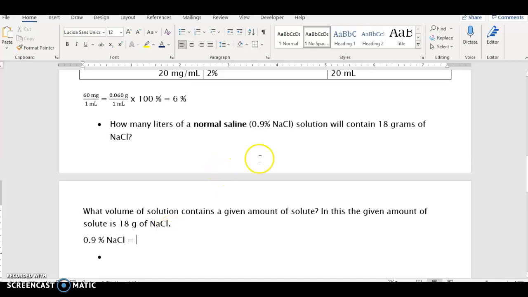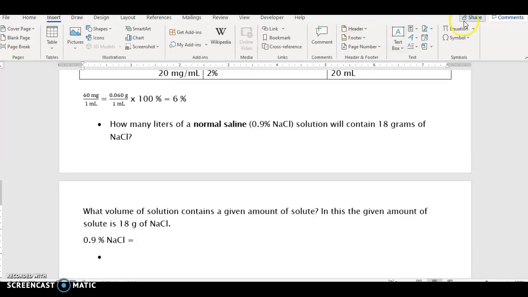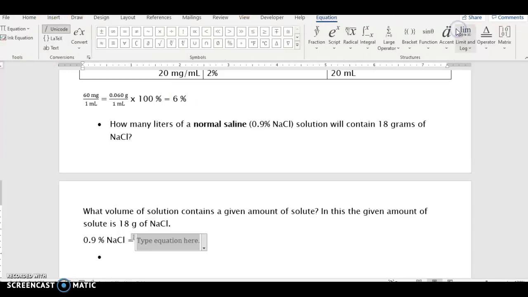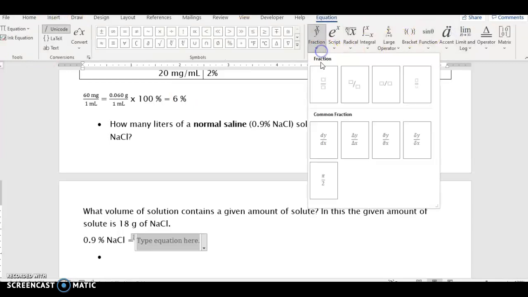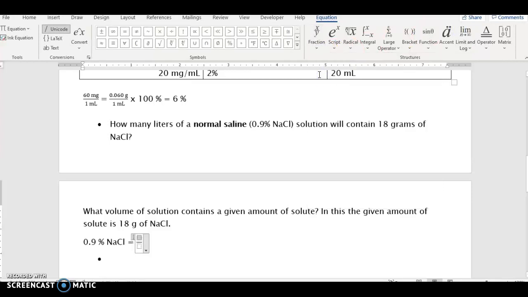Since NaCl is a dry solute, it comes in solid form, it's not liquid, we're going to express this as 0.9 grams. Again, it's given as a percentage, so 0.9 goes in the numerator in the units of grams.